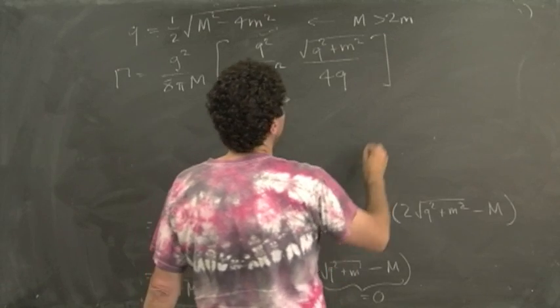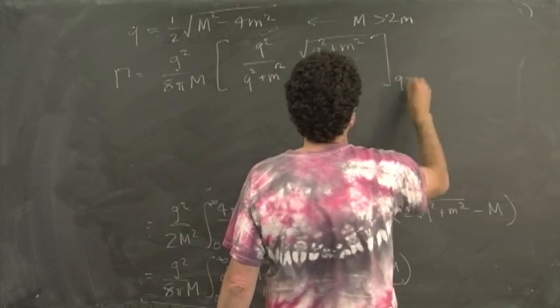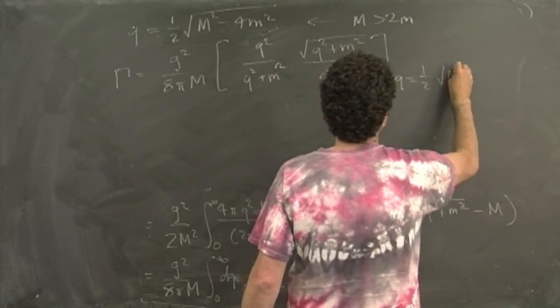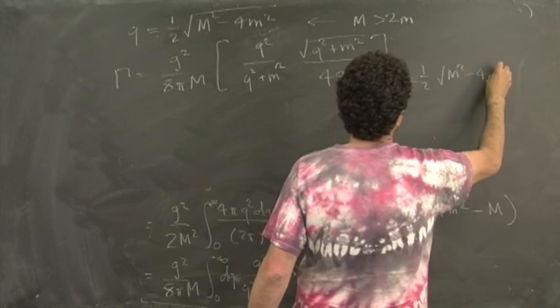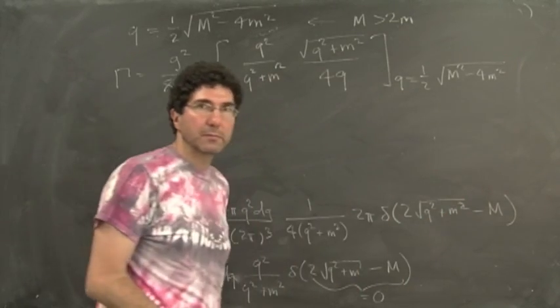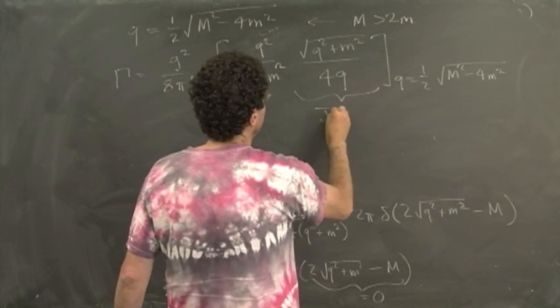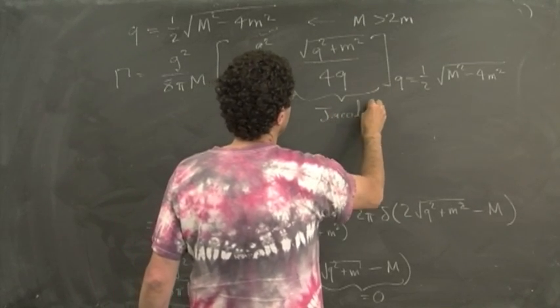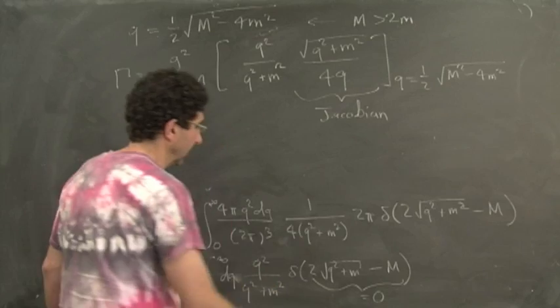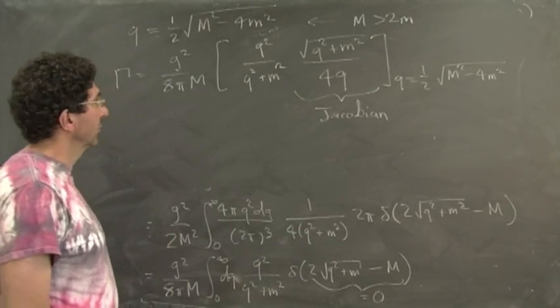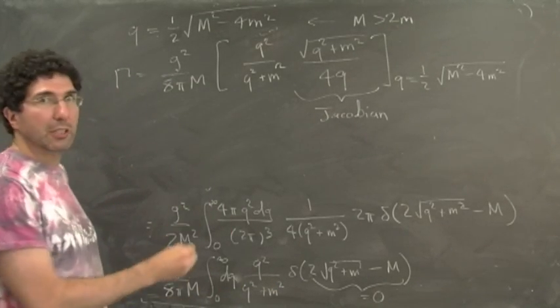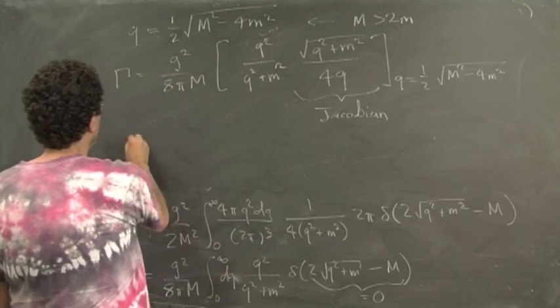And all of this is supposed to be evaluated at this special value of q, the square root of capital M squared minus 4 little m squared. And this is the Jacobian factor that comes from the fact that the delta function is non-trivial.